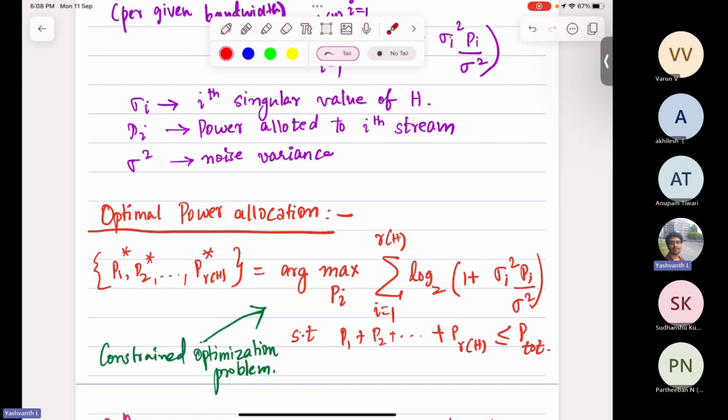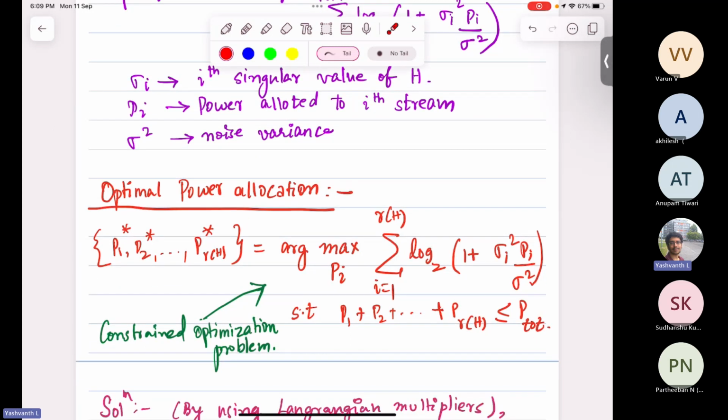So we always want to maintain a maximum power that my mobile can generate. Now, given the constraint that I have only a power budget of P_total, what is the optimal power allocation across the streams so that my net sum rate across all the streams is as high as possible? This is called the optimal power allocation problem.